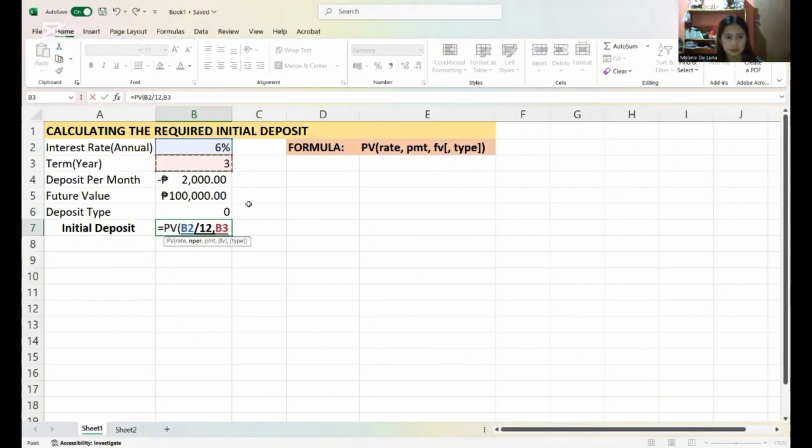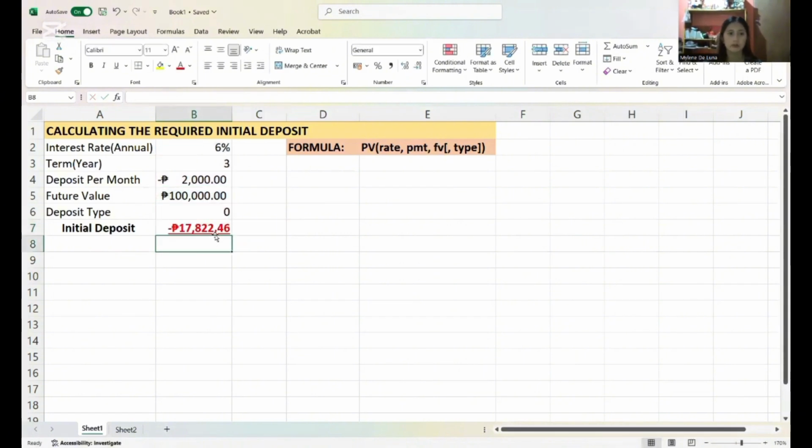Tapos ita-times natin yun sa 12 ulit. Tapos yun naman yung magiging end period natin. And then next, comma, yung deposit per month, and then comma ulit, future value, and comma ulit, deposit type. And ang last natin gagawin is, i-close na natin yung parentheses, then enter, yun na yung sagot.